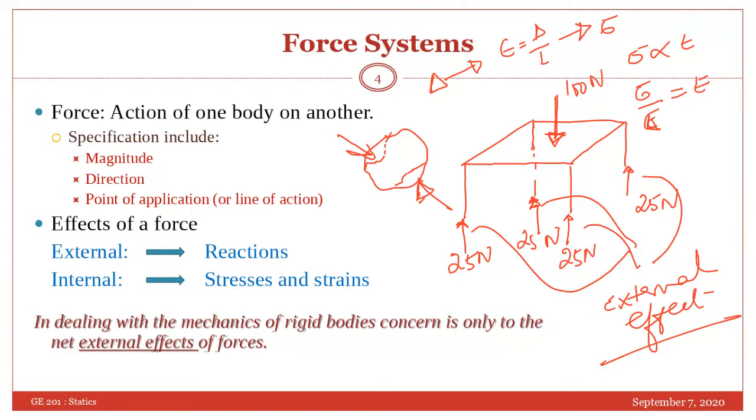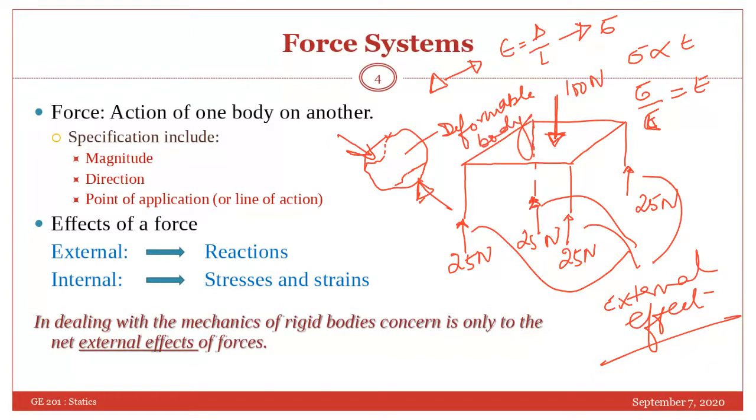So this deformation will produce the strain, and strain will produce the stress. This stress and strain will be produced only in a deformable body, because for a rigid body there will be no deformation.